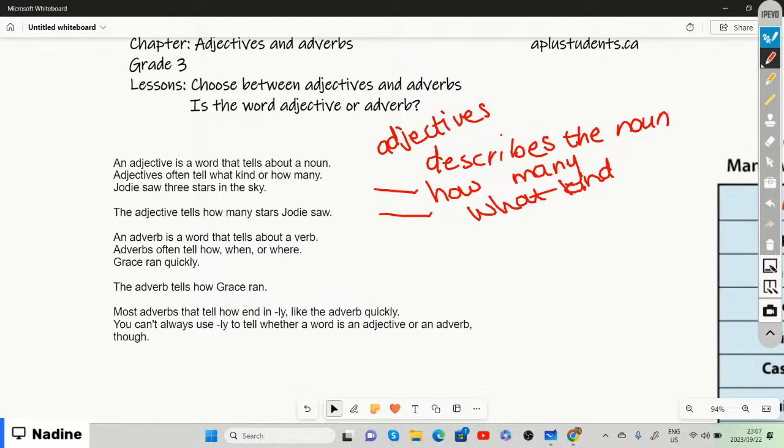There are 2 boys. That is how an adjective describes a noun, based on how many.